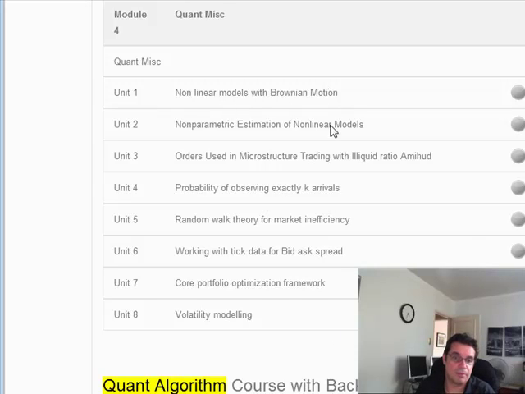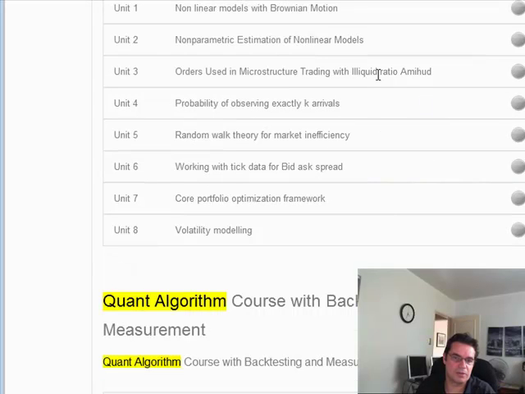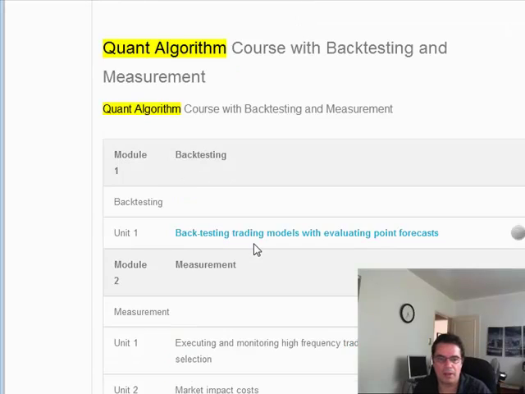We got Brownian motion, non-parametric estimation, orders used in microstructure trading using the illiquidity ratio, probability of observing K arrivals, random walk theory for market inefficiency, so that's testing for market inefficiency, calculating your tick data with a bid and ask spread, core portfolio optimization framework, and this is alone worth it. There's a lot of videos and algorithms and equations I have for volatility modeling.